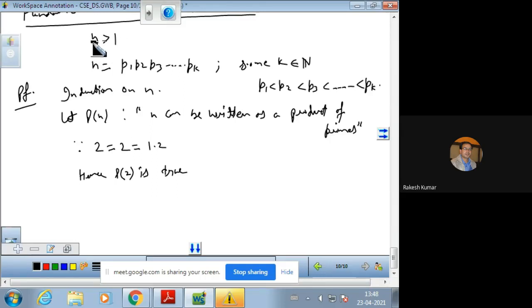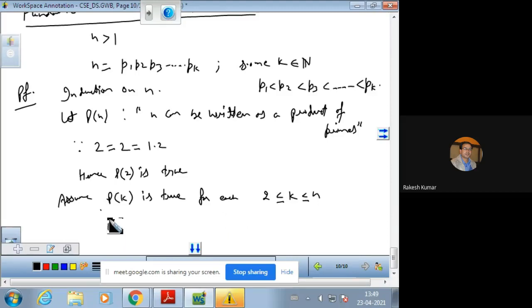So the value of n will be greater than 1, so that is why the result is true for n equal to 2 here. Now assume that the result is true for n equal to k. So we assume that Pk is true for each k with 2 less than or equal to k less than or equal to n.